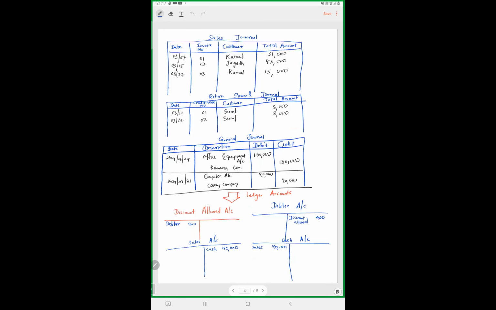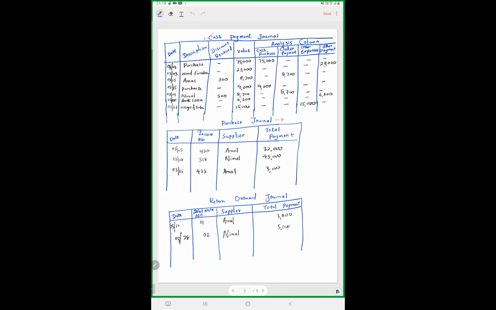Cash account debit, as we are receiving the money. So we need to interchange the names, right? If we are recording the item in the cash account, we need to mention the other side account name, here debtors, because we have credited the debtor accounts.